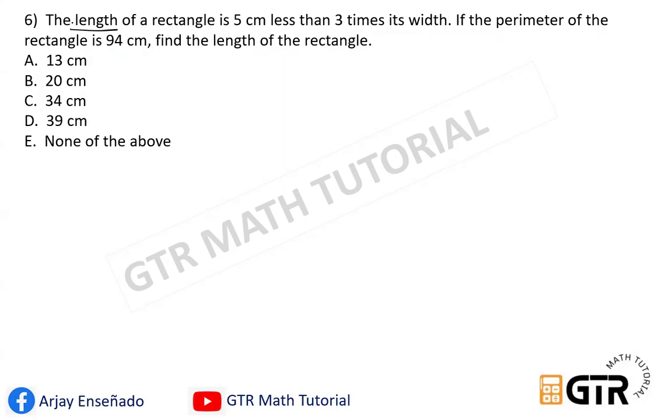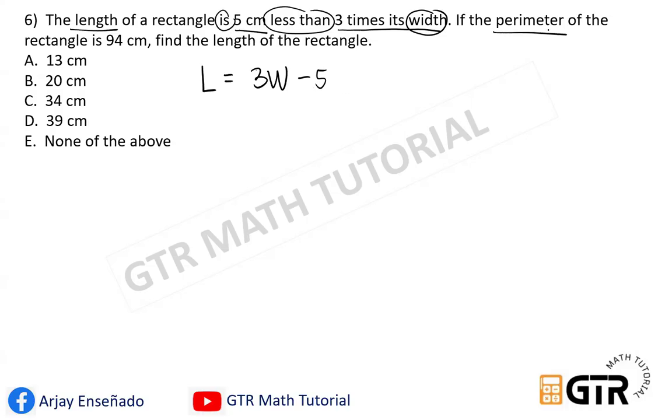The length of a rectangle, so L, is means equal sign. 5 centimeters less than means we will subtract 5. 3 times its width, so we will multiply the width by 3. So the first equation will be L is equal to 3W minus 5. That is equation number 1.